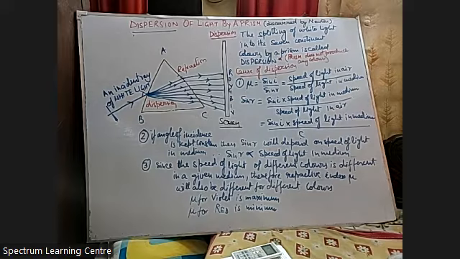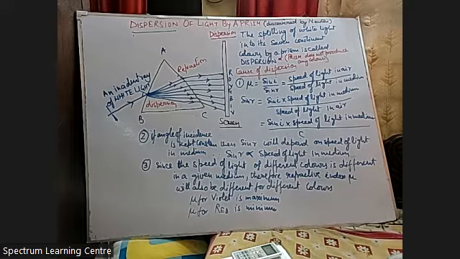No. Even rain droplets cause it, because we see the VIBGYOR in a rainbow. So that is how white light will get dispersed. When dispersion is caused, then the spectrum is obtained.